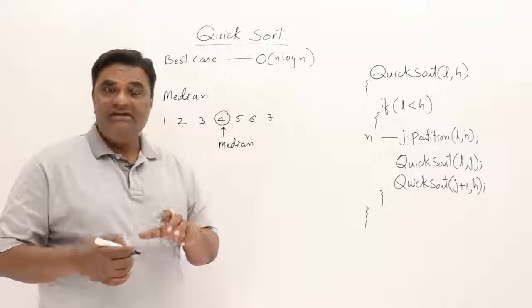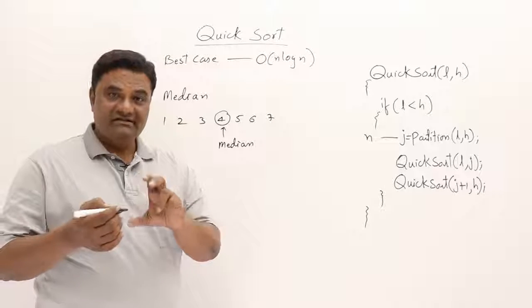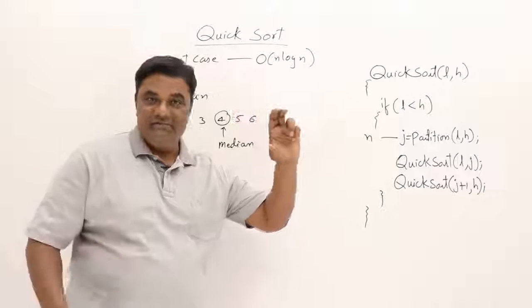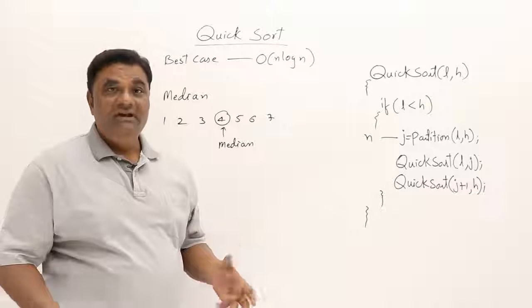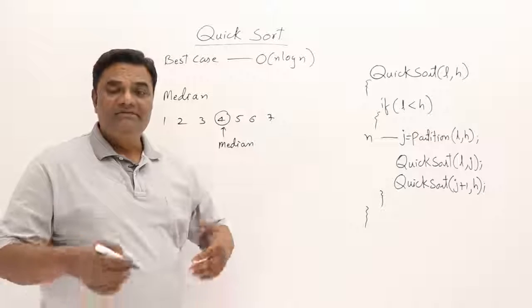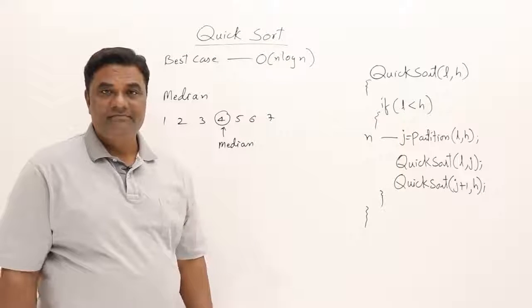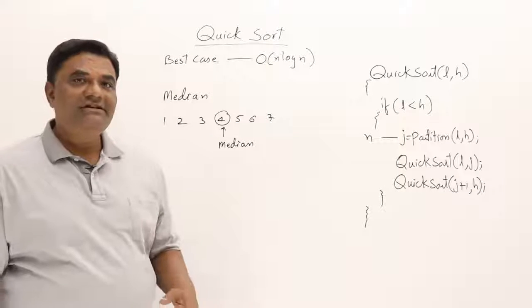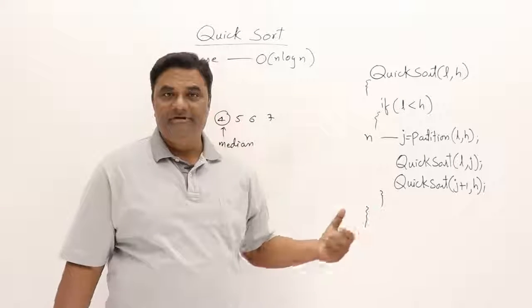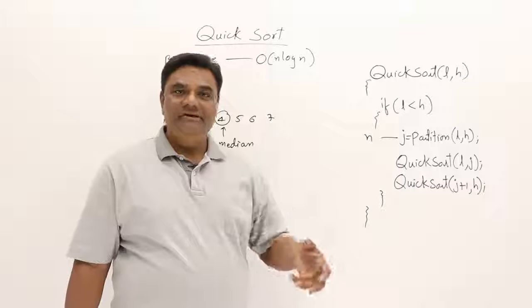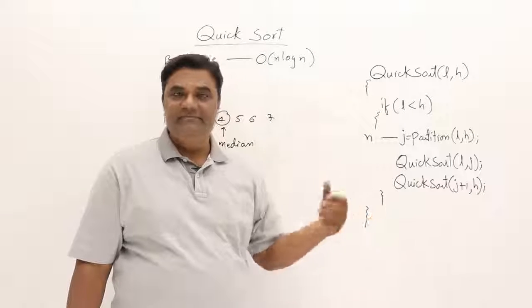So is it possible that the element selected is always the median and it is sitting in the middle of the list, partitioning at the middle of the list? It's not possible. Randomly it may happen, but we cannot control it. So achieving the best case is not possible in quicksort. It may randomly happen that the element is always the median.